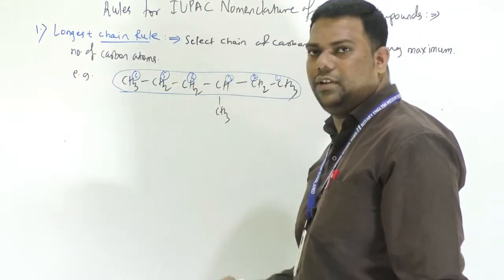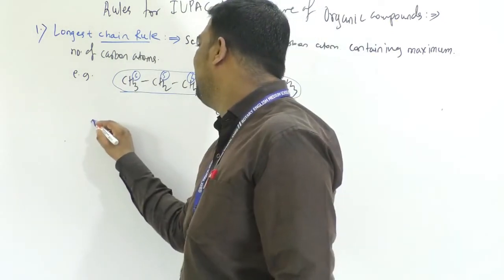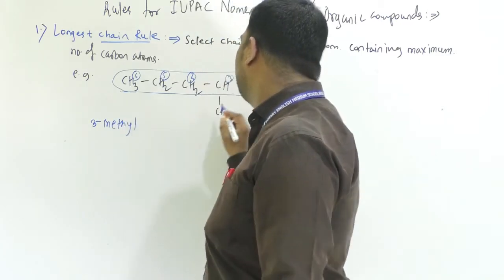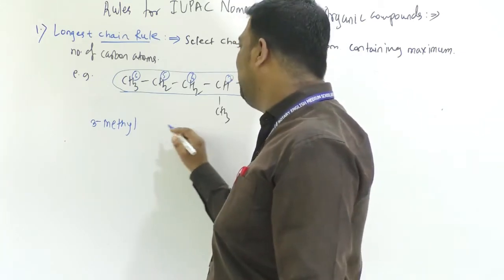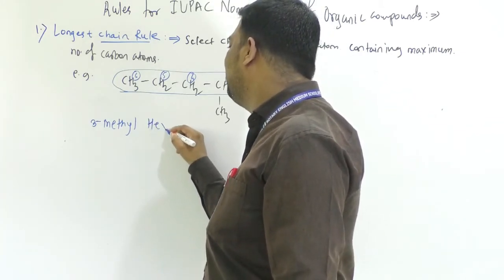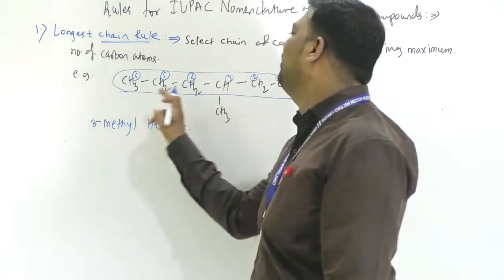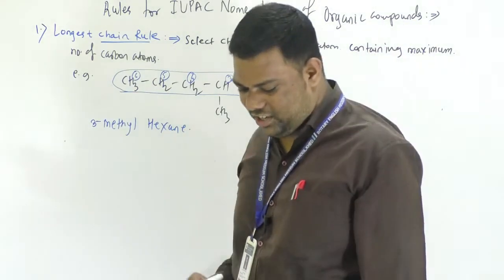So what will be the prefix in the name of the above organic compound? 3-methyl, yes, CH3 is your methyl, so 3-methyl hexane. Understood? 3-methyl hexane. It means you have to select the longest chain here.